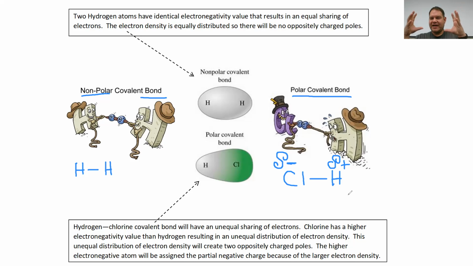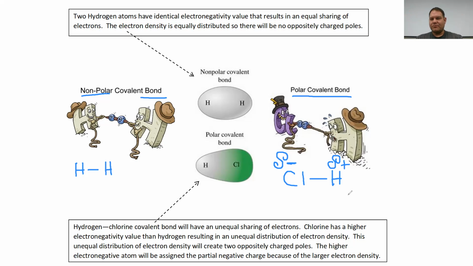All right, so that's why we call it a polar covalent bond, because we're changing the charge distribution. There's an unbalance of negative charge. Most of the negative charge now is with chlorine, leaving hydrogen with a partial positive charge, okay?